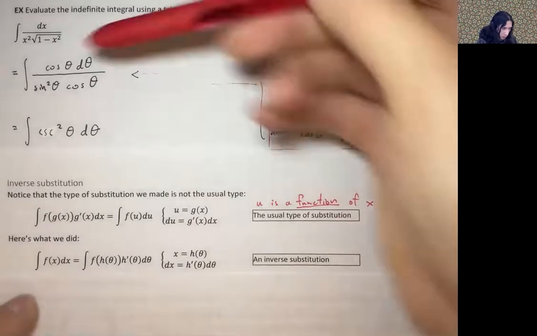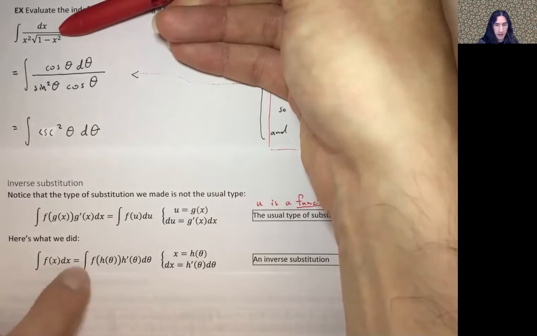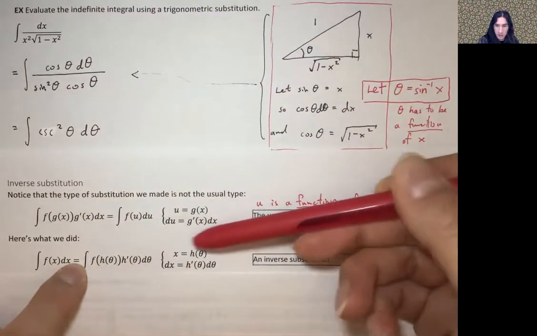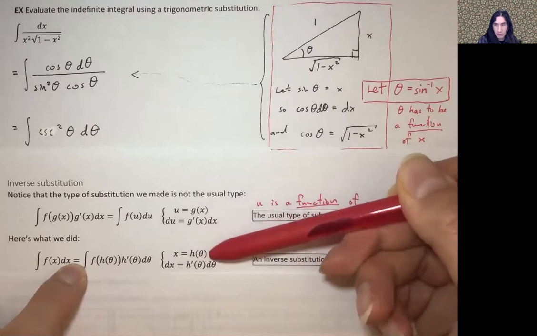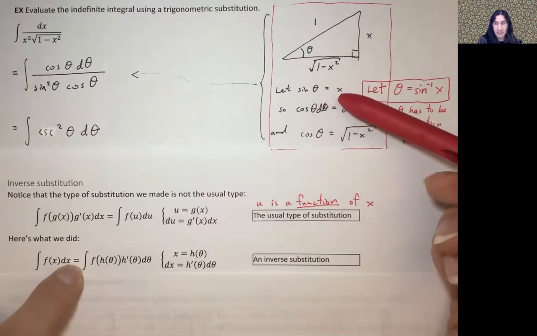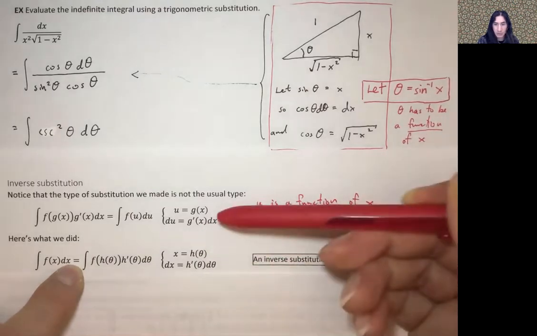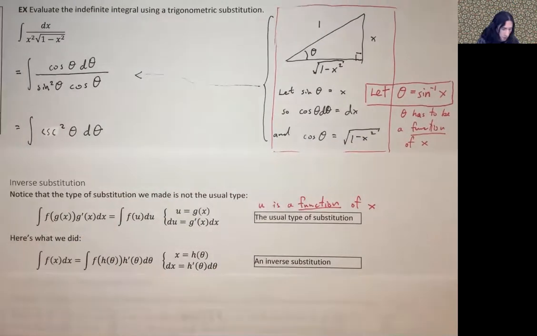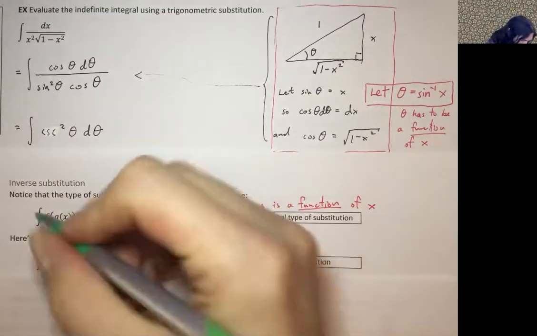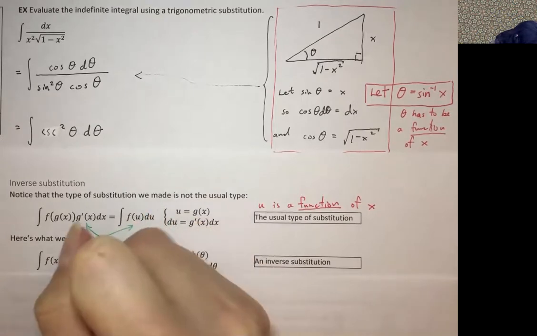So properly, to understand what we actually did here, we started off with a function of x, and then we let x be some sort of function of theta, and that's the key right here. It's not that x is a function of theta that's important, it's that theta has to be a function of x that's important, because look at what we've done right here. I've just swapped the two sides of this u substitution rule.